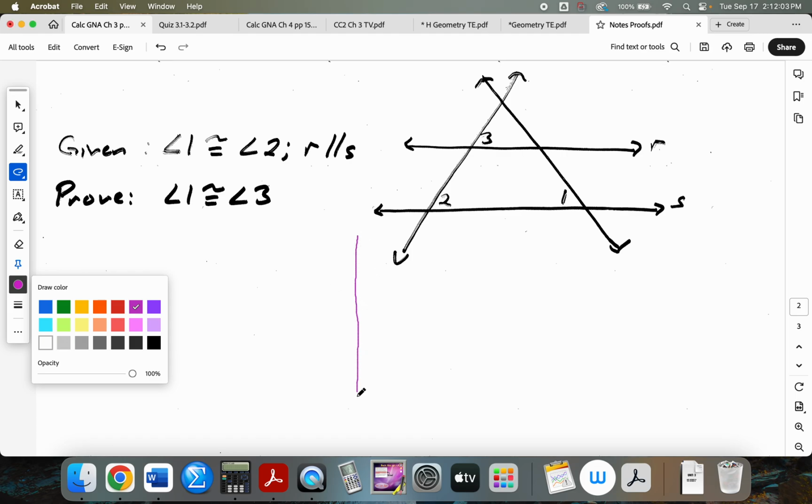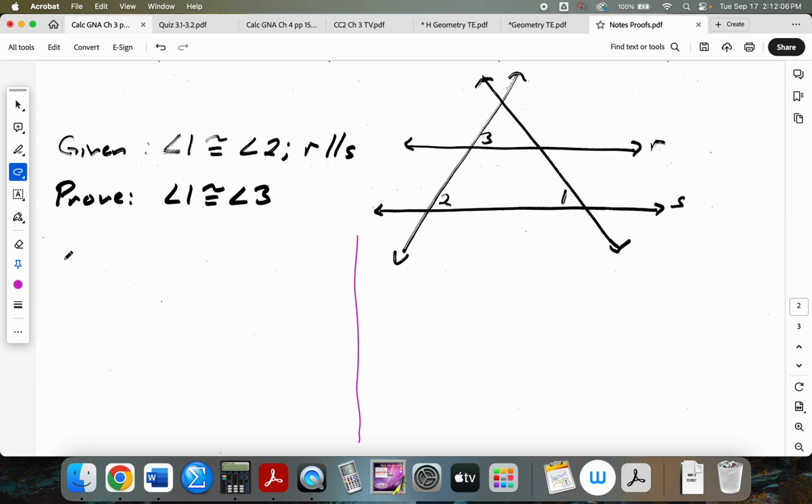Sort of like a T-chart like you did in algebra. The first column is labeled the statements. And the second column is called the reasons.